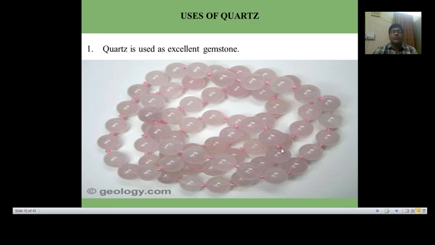Coming to the uses of quartz, there are plenty of uses because of its unique lustrous property, hardness, and heat resistance. That's why it finds application at various places. First, quartz is used as an excellent gemstone.